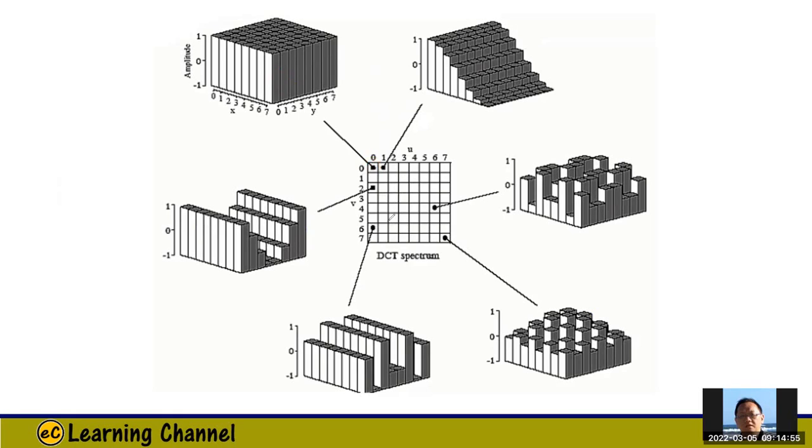Then 1 is one such frequency, 2 is two sinusoidal waves, 3 is three sinusoidal waves, and here you may have many, up, down. And this corner is actually alternating every sample, so this one is the higher frequency. So that's the theory.